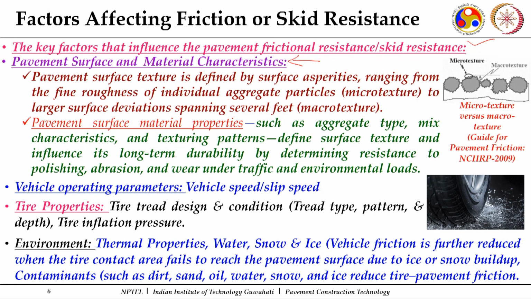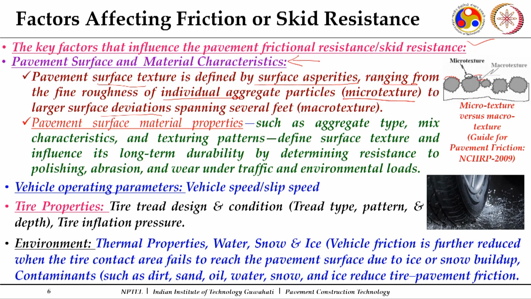So, pavement surface characteristics, as I especially mentioned, is in terms of the surface texture, which is defined in terms of surface asperities. So, you can see ranging from fine roughness of individual aggregate particles. Here this is an exaggerated view, you can see these are the fine roughness of individual particles which can form a part of your micro texture, to larger surface deviations.